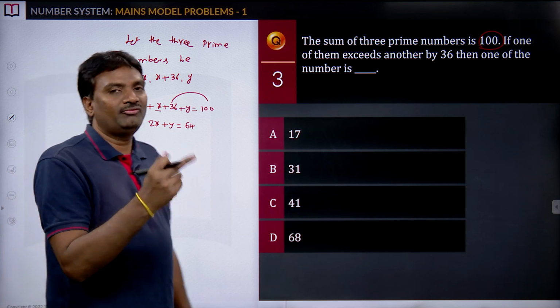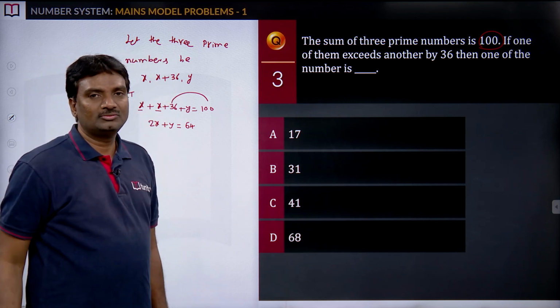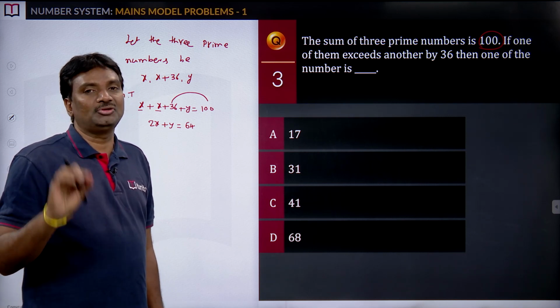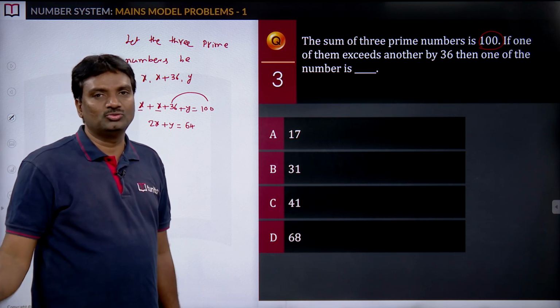Now, here we just have to find one prime number. In place of y, if we take 2, why have we taken 2? Because the prime numbers begin with 2, 3, 5, 7, 11, 13, 17 and so on.